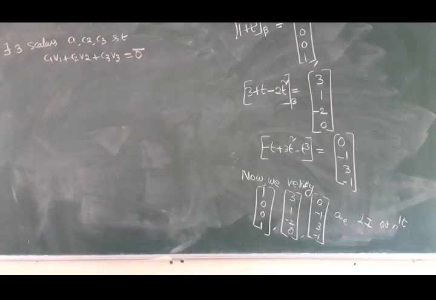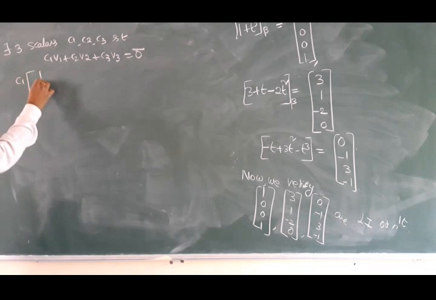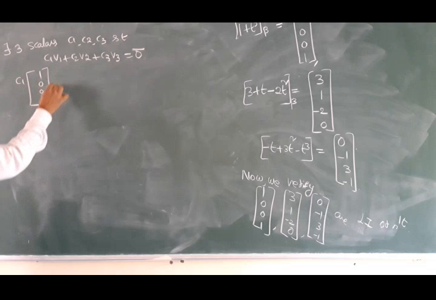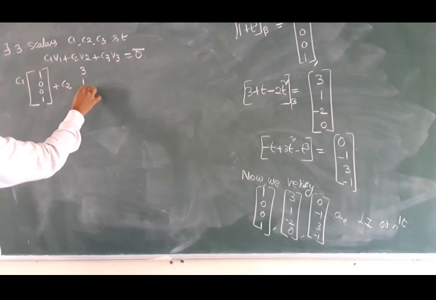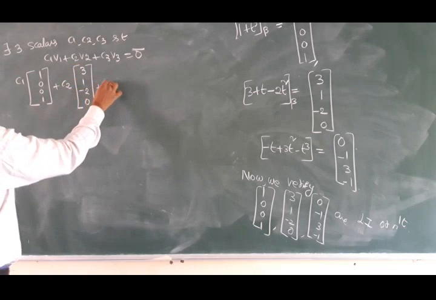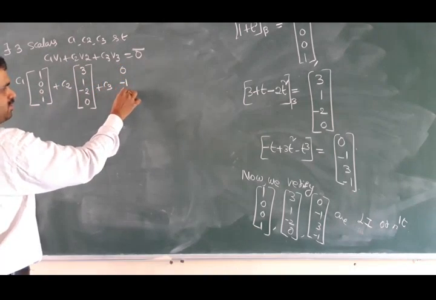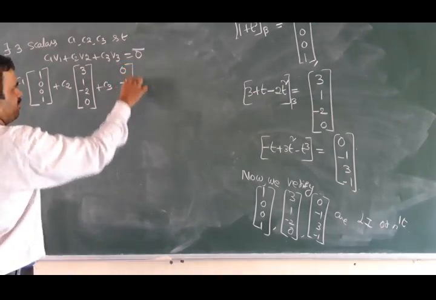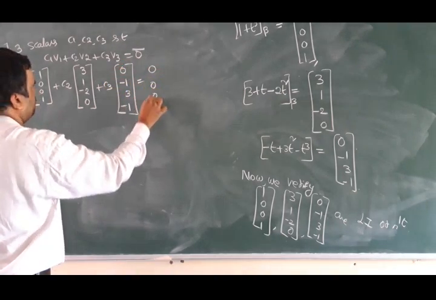C1 into first vector 1 0 0 1, plus C2 into second vector 3 1 minus 2 0, plus C3 into third vector 0 minus 1 3 minus 1, equal to 0 0 0 0.